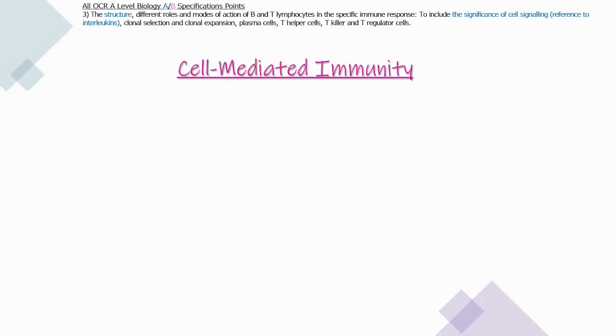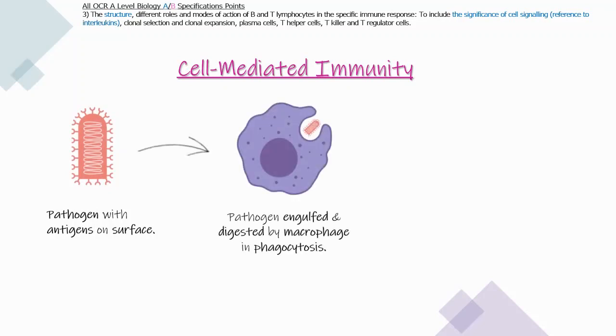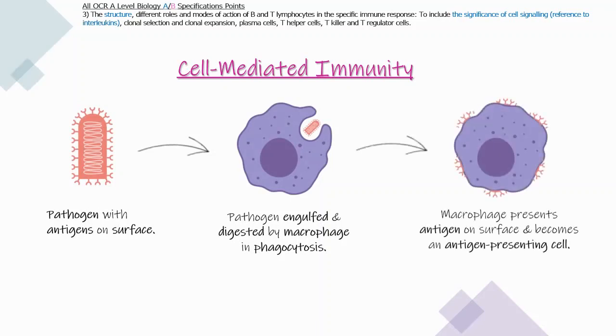So cell-mediated immunity. So we're just going to discuss the process of this. So it begins by a pathogen with antigens on its surface being present in the body, and this pathogen is then engulfed and digested by a macrophage in phagocytosis. So then, as we know, the macrophage presents the antigen on its surface and becomes an antigen-presenting cell.